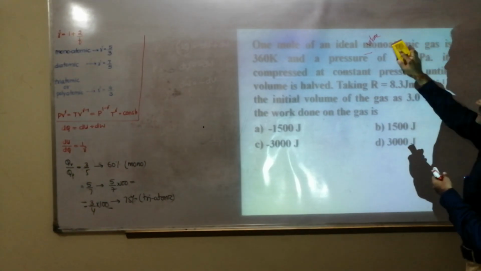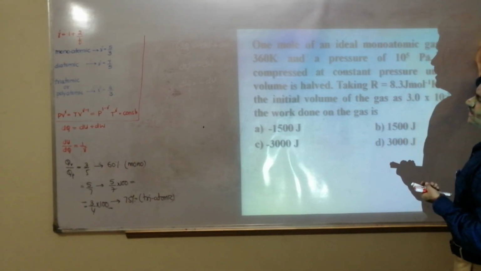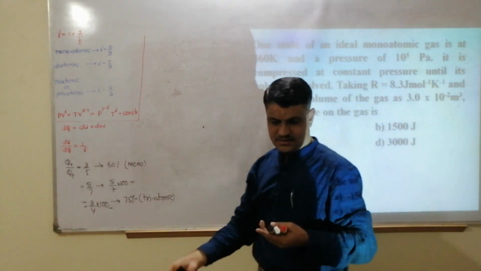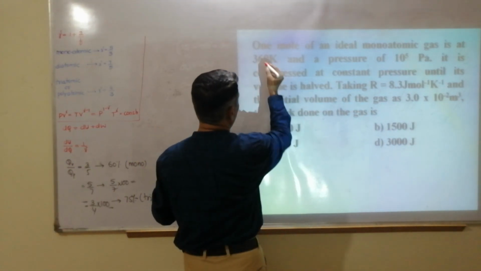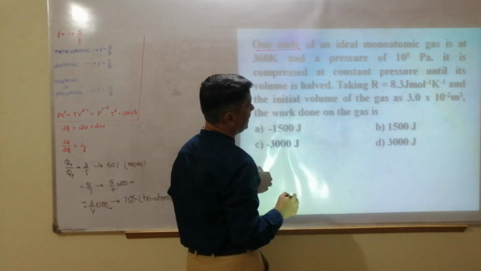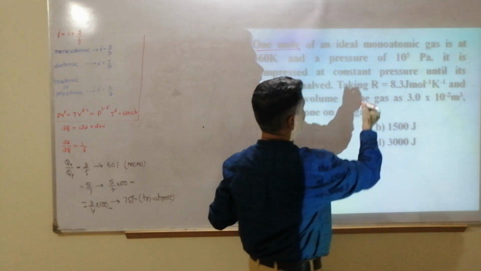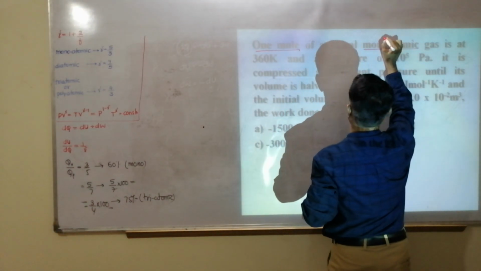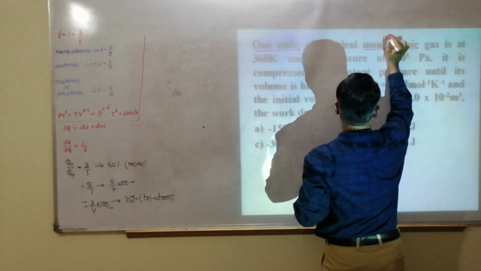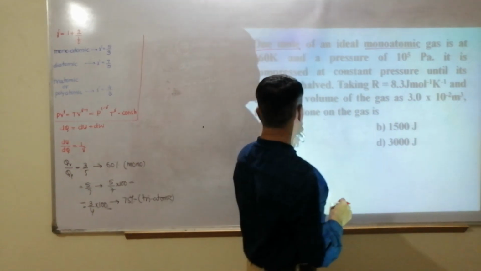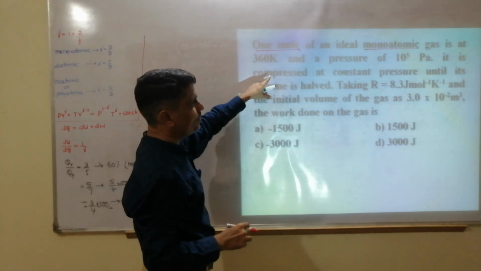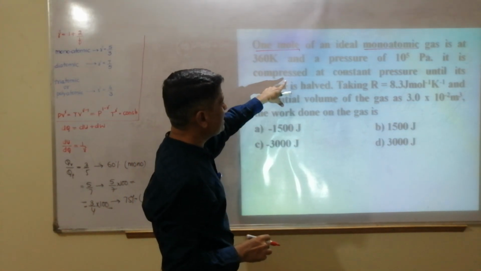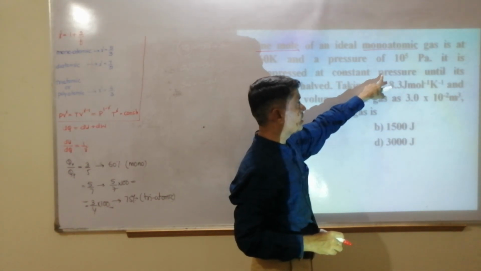See, next problem is 1 mole of an ideal gas. See the word 1 mole. 1 mole of an ideal gas. Monoatomic. Okay, atomicity is mentioned. At 360 Kelvin and pressure 10 to the power 5 Pascal. It is compressed at constant pressure.